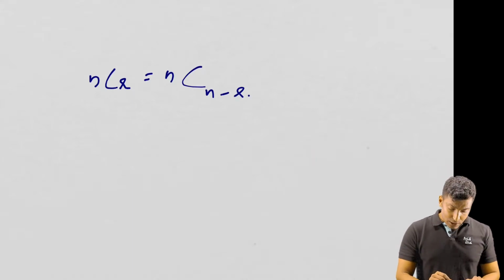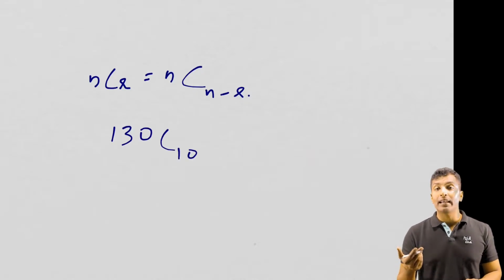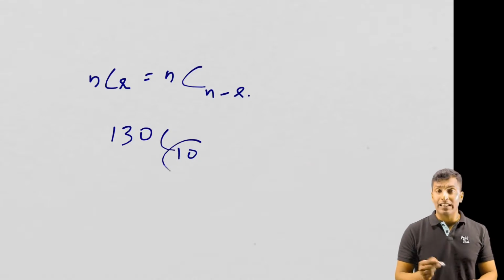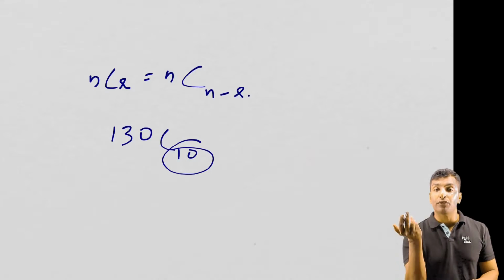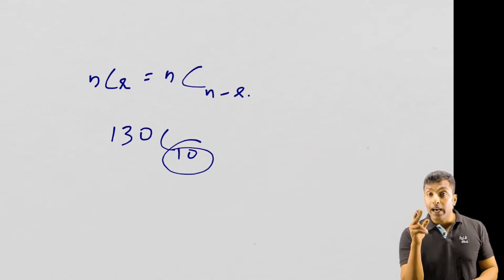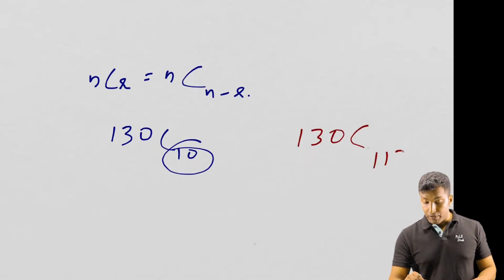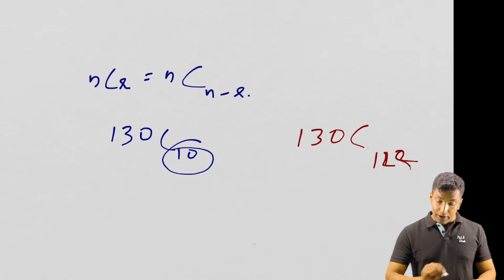See, if I give you questions like 130C10 or 130C2 or 7C2, you can see r is very small. So in those situations, you can directly write the formula which we have learned, or the shortcuts that we have studied. But there will be certain cases where you get 130C112 or 130C122 or 130C128.